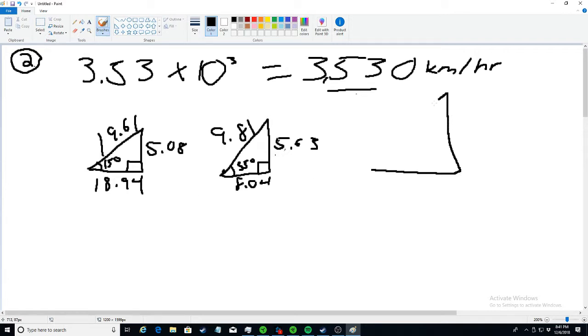You're going to create a final triangle here. This is theta, and you need to know this side. But the other two sides we already have figured out. We've already calculated these two sides. As to find these two sides, they're the sum of all of your vectors on the corresponding sides.